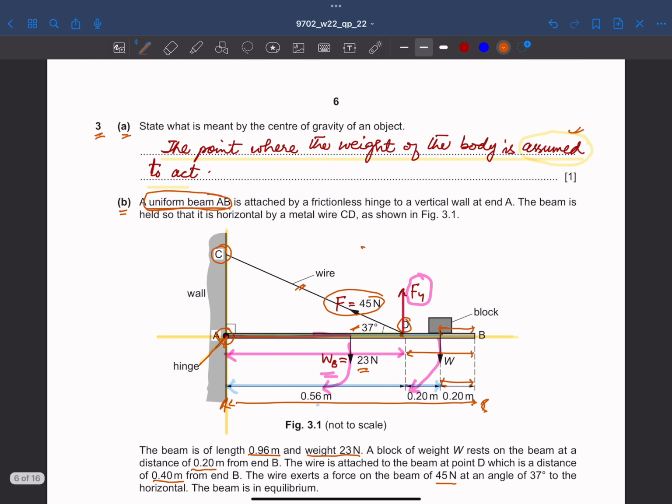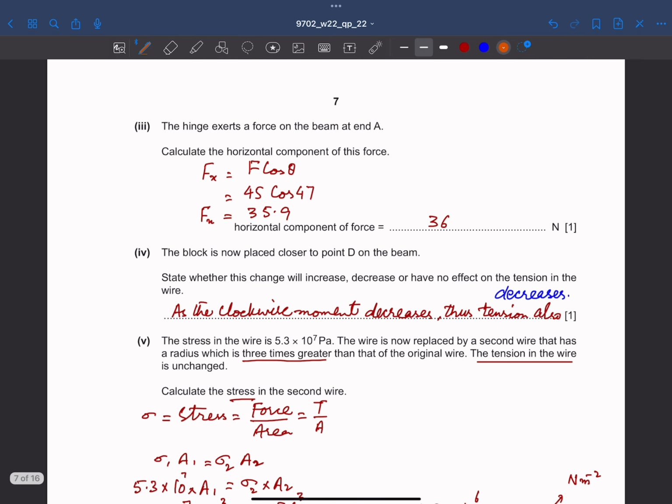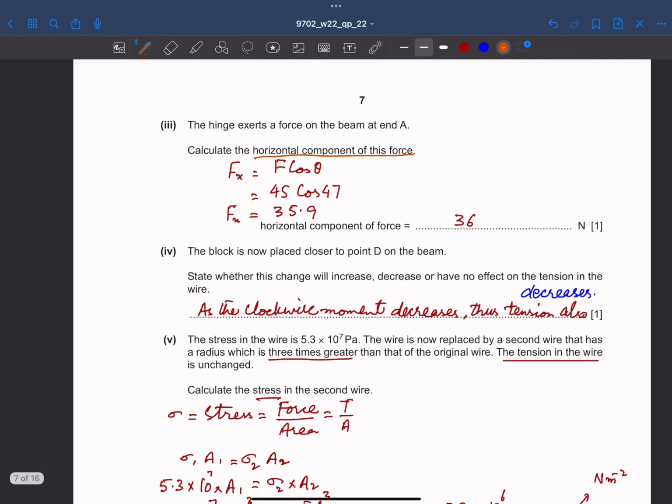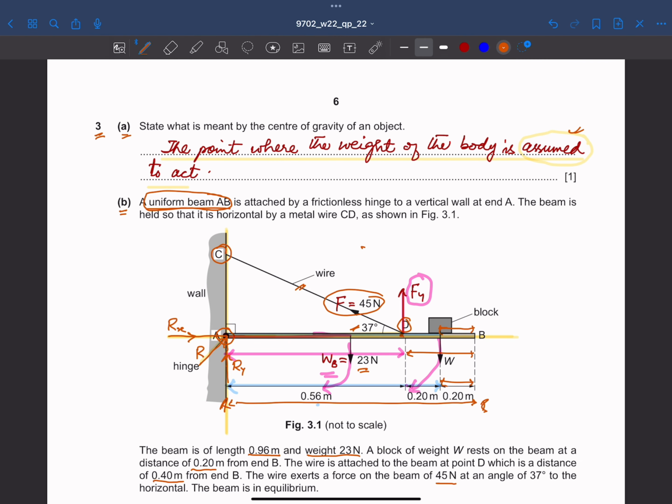So you need to know that if you have this force, this is Fx, and here you have the reaction force, Rx, which is the x component of the reaction. Here you have the y component of the reaction, but as they are asking here for the horizontal component of the force exerted by the hinge, this is R, the reaction force, and this is equal to Rx.